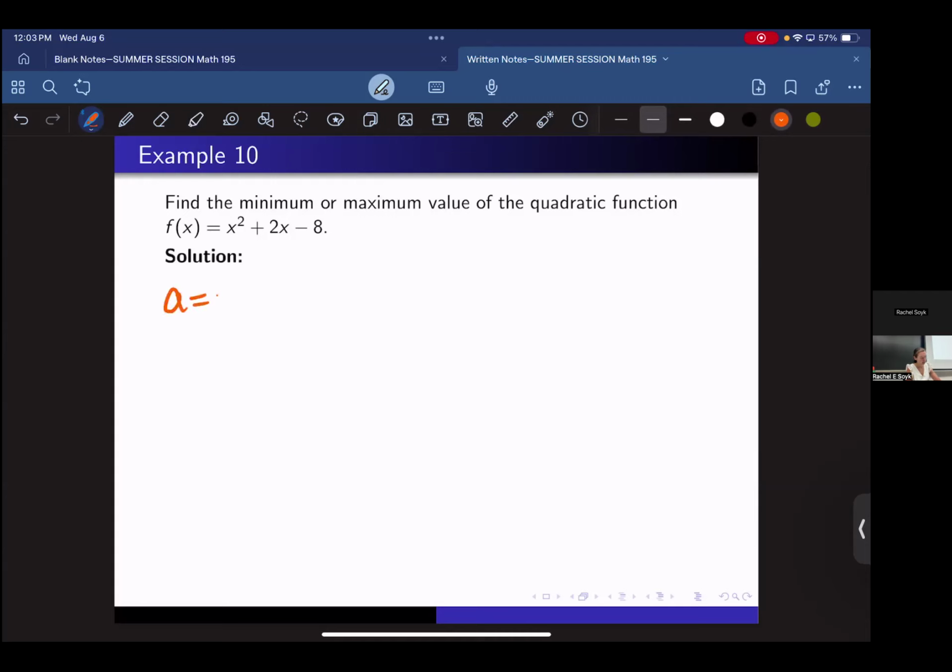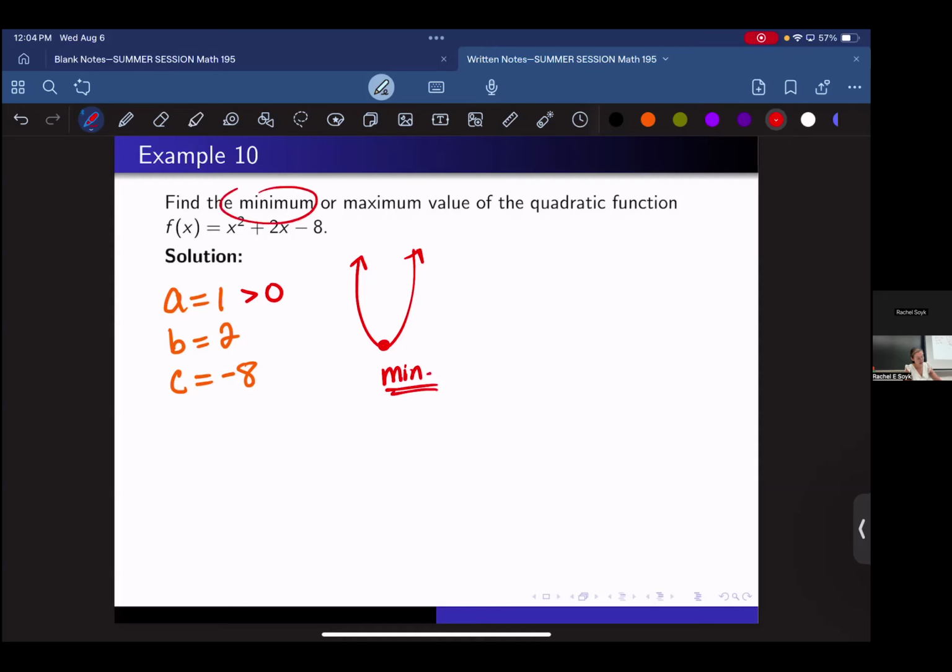So again, you identify your A, B, and C. You really don't even have to identify your B and C for this first part because we just want to look at your A. Because if your A is greater than 0, we have this U-shaped, then we're looking at a minimum that's taking place.